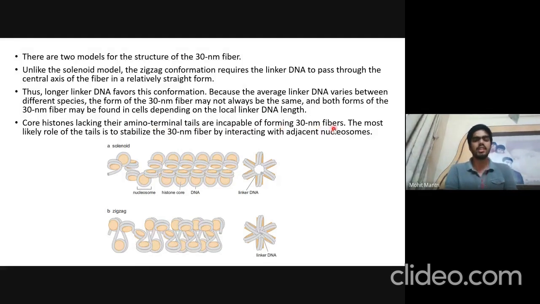So this suggests that these amino terminal tail, which is N-terminal tail, are important for stabilizing the 30 nanometer fiber by interacting with the adjacent nucleosome. So the N-terminal tail of one nucleosome helps in interacting with the other nearby nucleosome and therefore stabilize this 30 nanometer fiber structure.